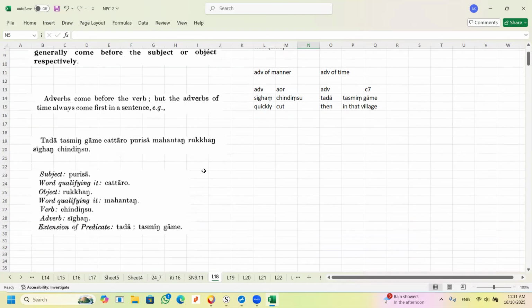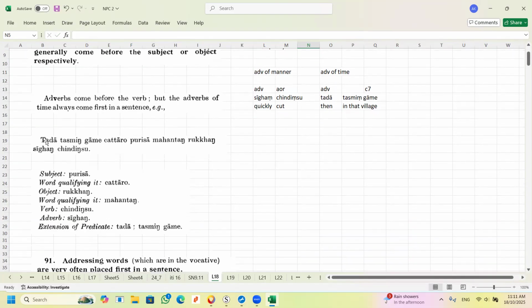You take this line: tada, the word is tada, an adverb. Then, Pali likes to put the locative first. Can you see tasmin gamani?